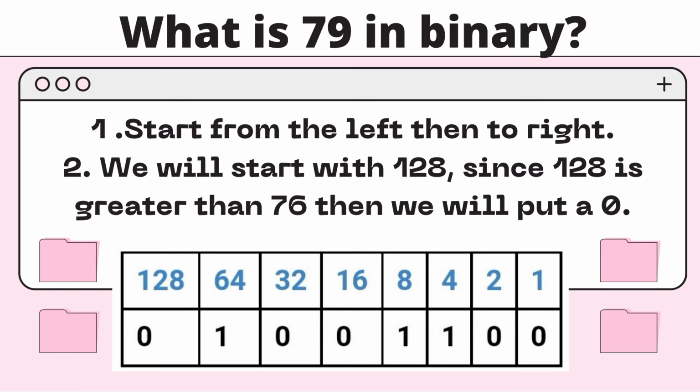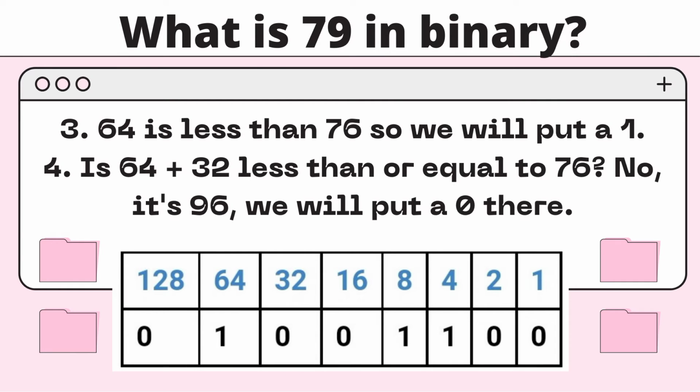Since 128 is greater than 76, then we will put a 0. Number 3. 64 is less than 76, so we will put a 1. Number 4. Is 64 plus 32 less than or equal to 76? No, it's 96. We will put a 0 there.